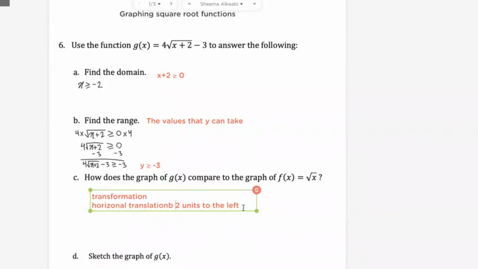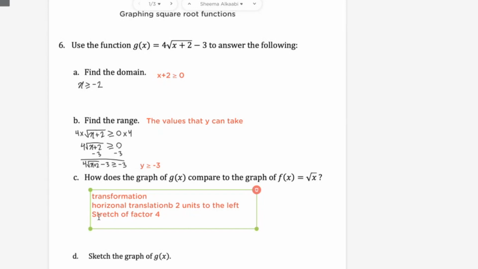Times 4. Times 4 means what? Stretch. Stretch of factor 4. Okay. Remember, if the factor is more than 1, we say stretch. If the factor is less than 1, between 0 and 1, we say compress or shrink. That's for the vertical.